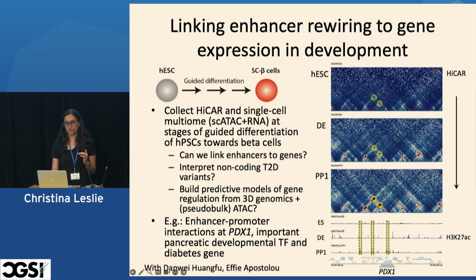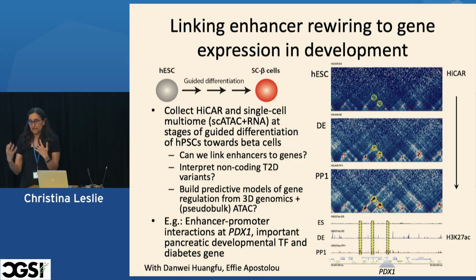Okay, and I'm circling them in yellow, but you can see at PP1 that this enhancer rewiring is happening, and now it's set up to express that gene. Conceptually, maybe some of these diabetes variants are not affecting the fully mature cell types, but have some effect in differentiation. It's possible.